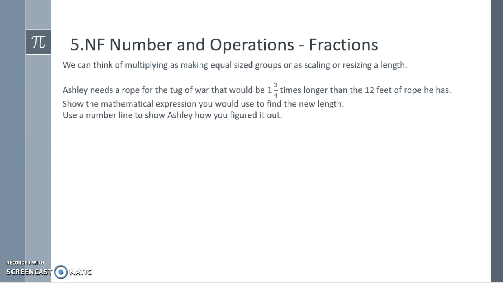Ashley needs a rope for the tug of war that would be 1 3/4 times longer than the 12 feet of rope she has. Show the mathematical expression you would use to find the new length. Use a number line to show Ashley how you figured it out.